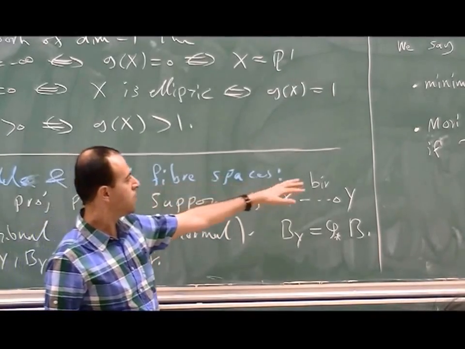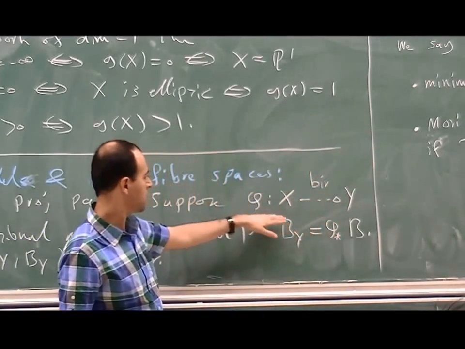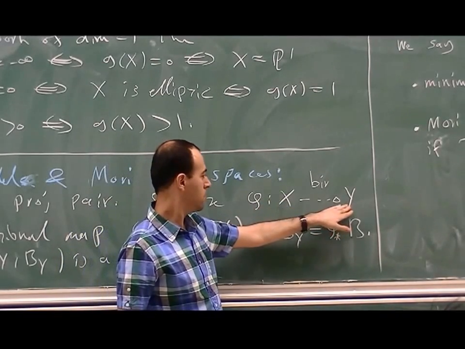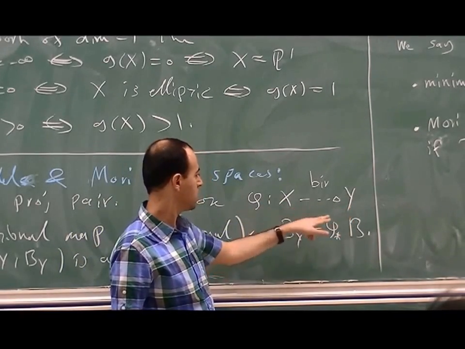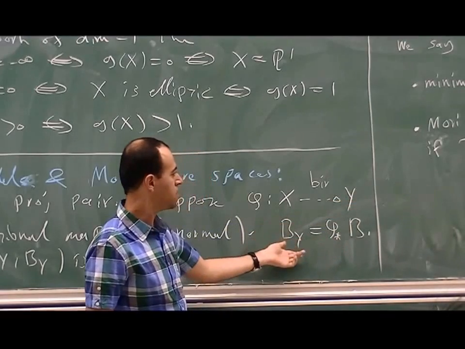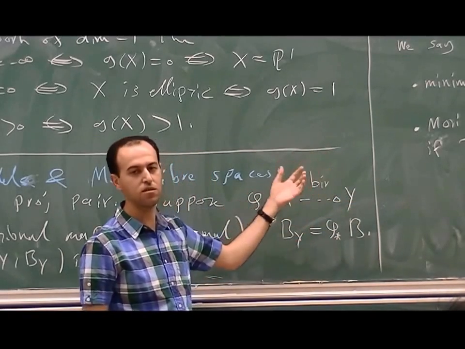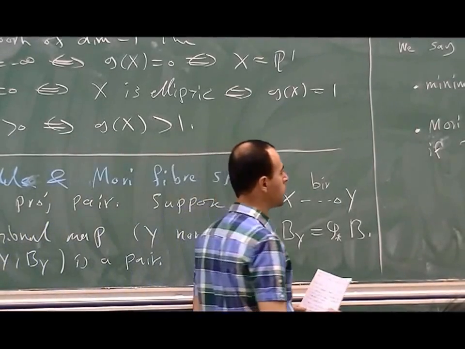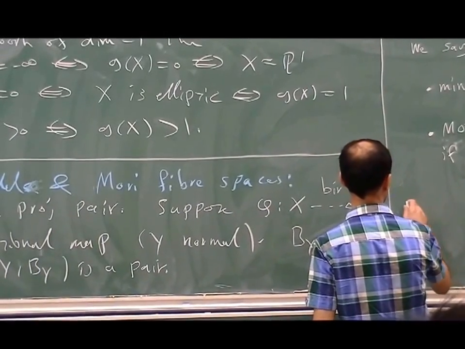And the idea of defining this thing is that when you start from X, you try to find some other variety birational to X with this pair structure such that it has this kind of numerical properties. So the goal is to look for this kind of models.